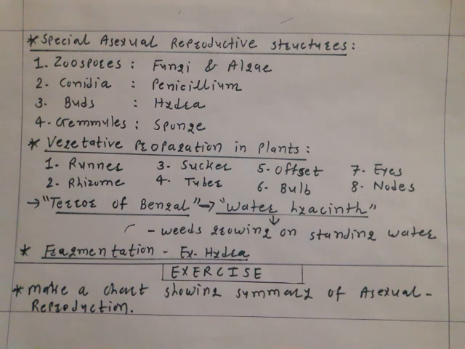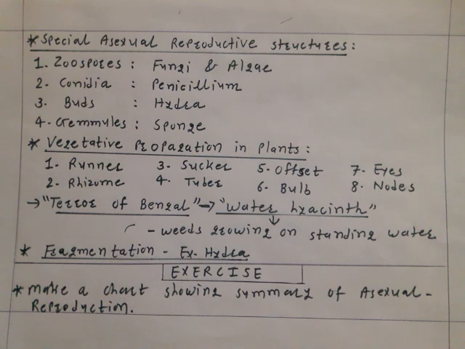Through formation of offsets without gamete formation, many plants can be developed. Sixth, bulb. Bulb formation is observed in some plants, bulbil in agave. Through bulb formation, the parental plant can form a daughter plant through asexual reproduction.